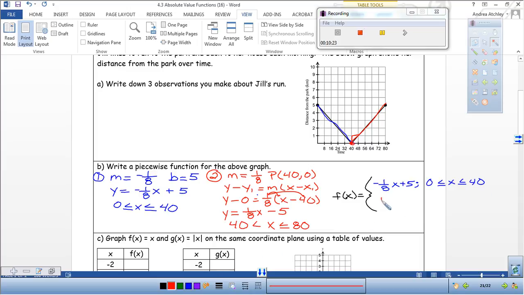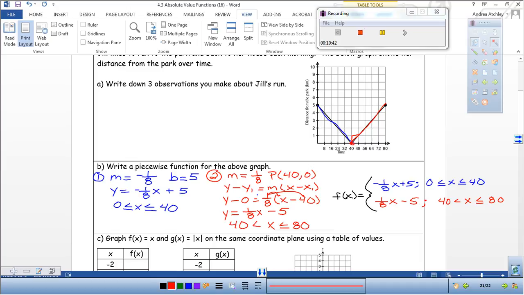And then the equation of 1/8 x, not plus 5, minus 5, with the domain between 40 and 80. Any questions over that? We're all good?